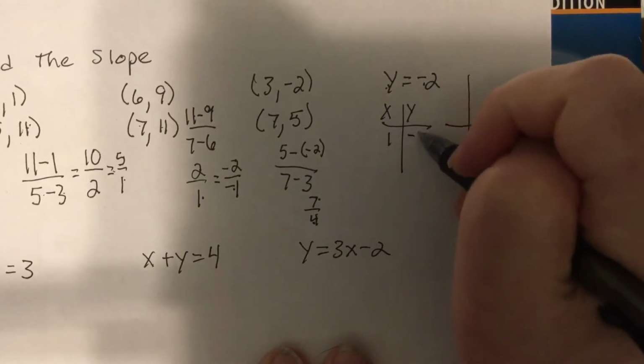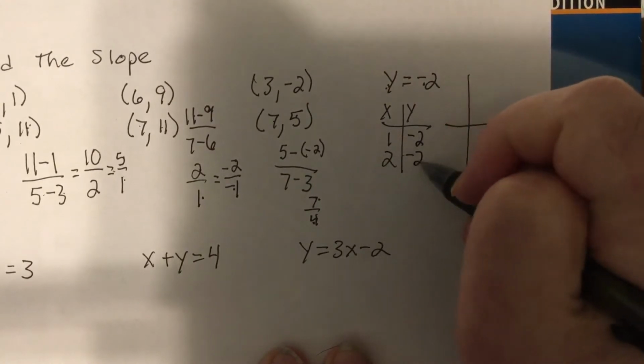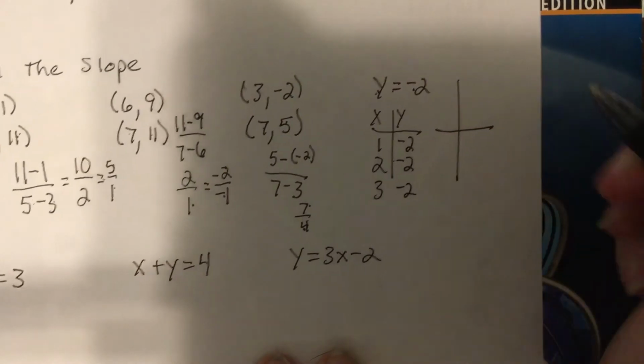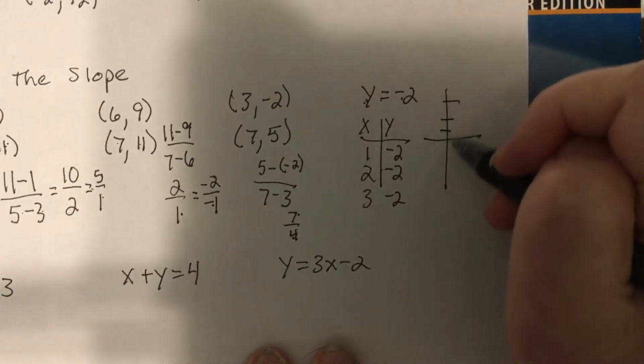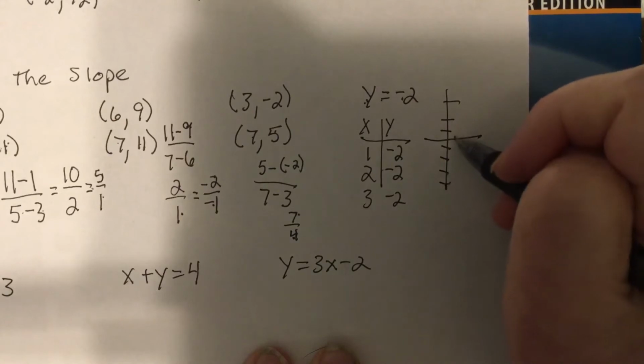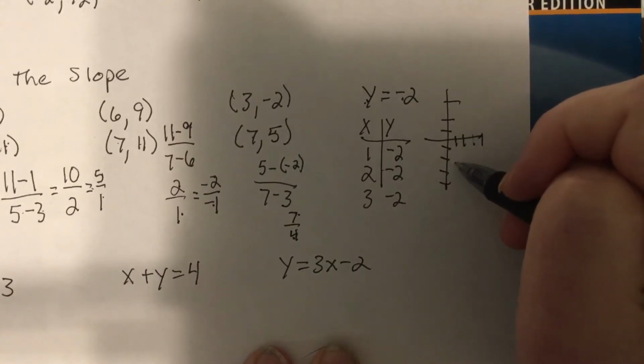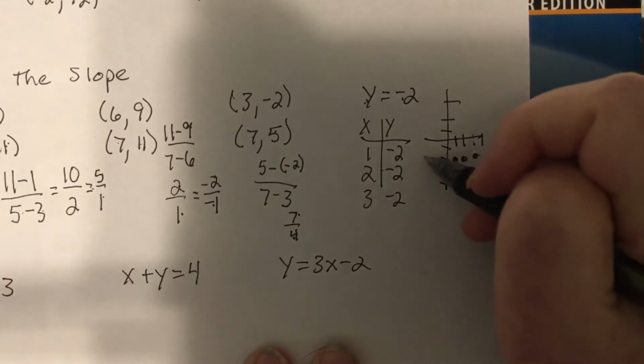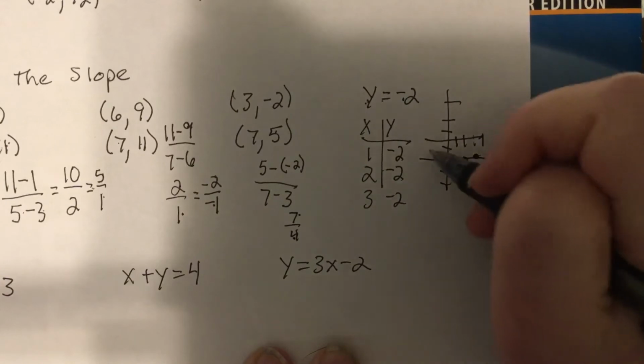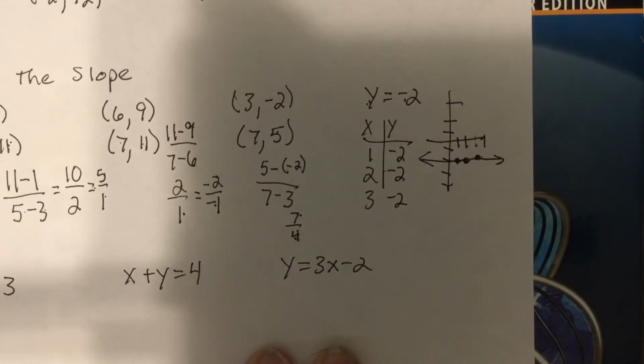So I could have 1, negative 2; 2, negative 2; 3, negative 2. Had that right in the video. And then for some dumb reason, I plotted it wrong. Oh my goodness, how embarrassing. How will I show myself in school again? But I will.